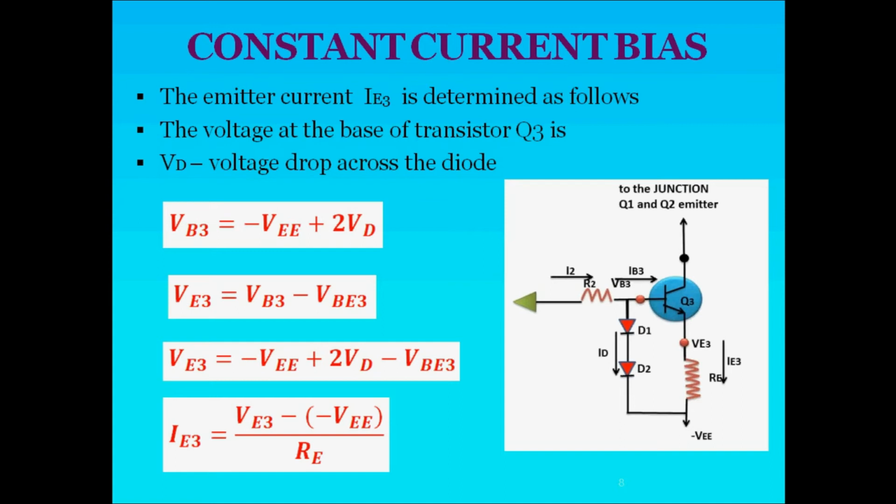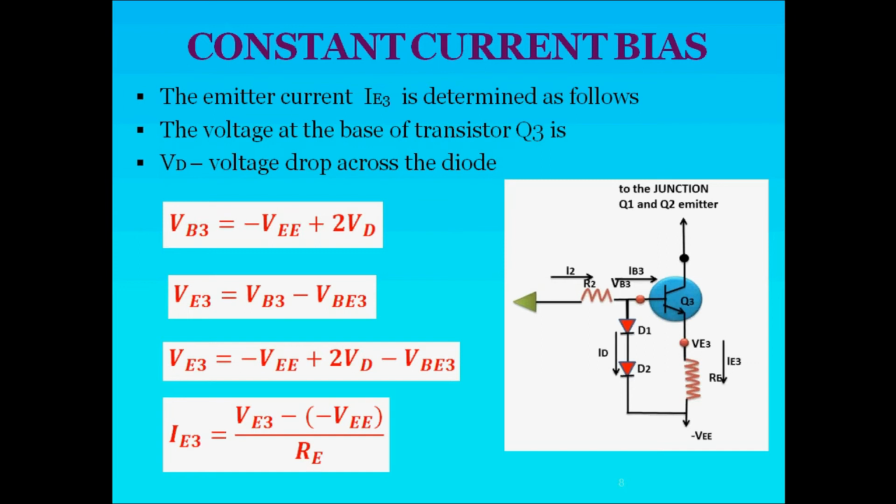So VB3 is minus VEE plus 2VD, and the emitter voltage is the voltage at this point minus this voltage drop. What is that? VE3 is VB3 minus VBE3. Now VB3 is minus VEE plus 2VD, so it is minus VEE plus 2VD minus VBE3.